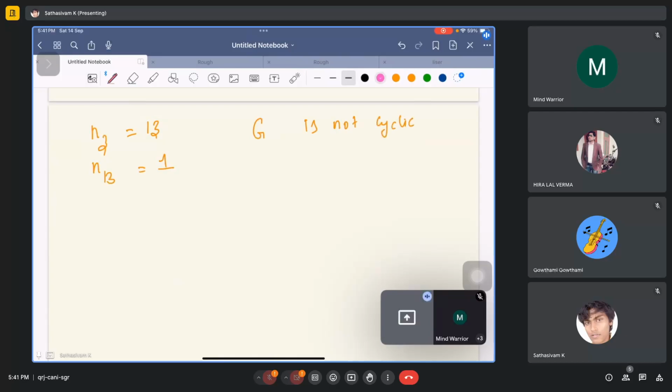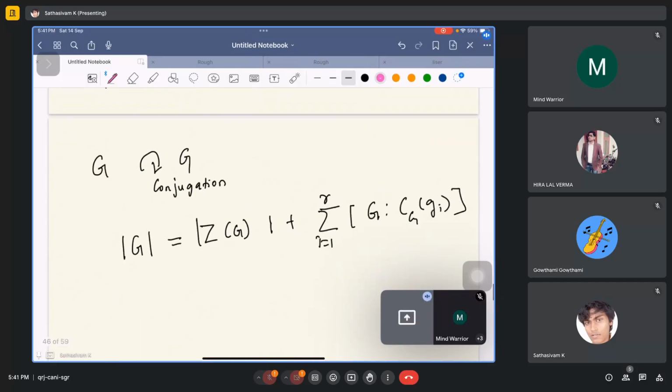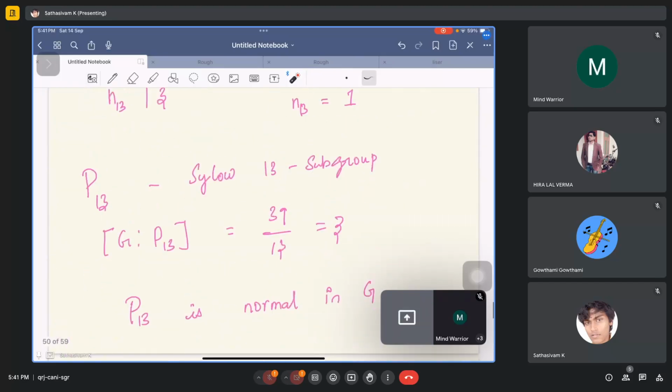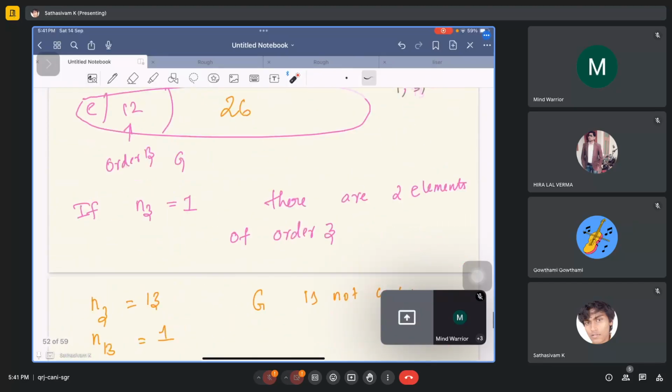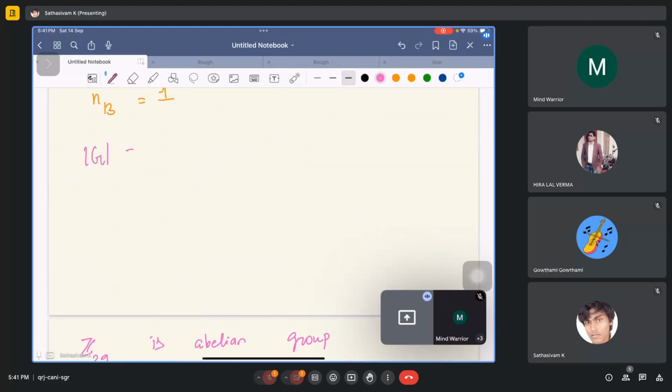But in order to compute the class equation, what I need is this: I need to find the center, I need to find the centralizer, and then I have to compute these things. So let's compute the center here. What is the order of the group? Again, the order of the group is 39.